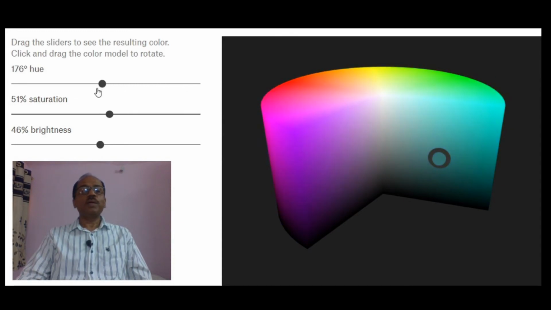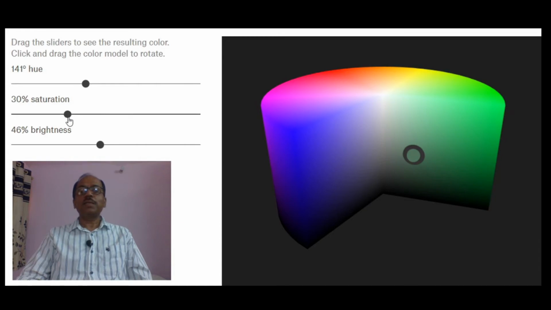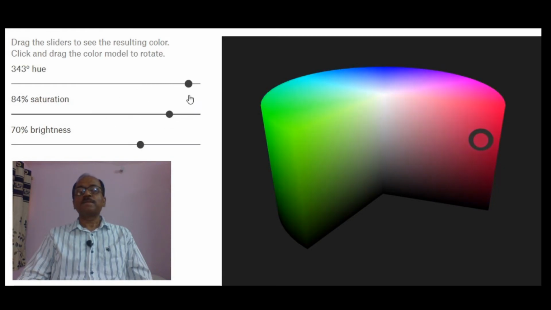So, you may observe on the screen how this interactive color model, which is depicting the HSB color model, gives us colors. Due to the hue angle, it changes.